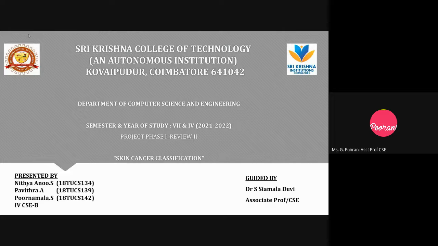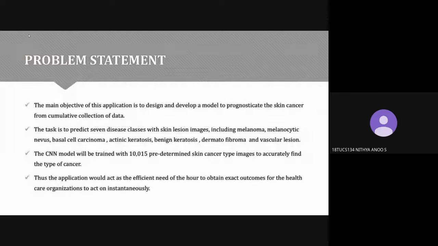It's visible. So, hello everyone. Good morning, ma'am. Myself, Pavitra, and Purnamala are here with the topic skin cancer classification, and our guide is Mrs. Shyamala Devi. The problem statement is the same as we discussed in the previous reviews.